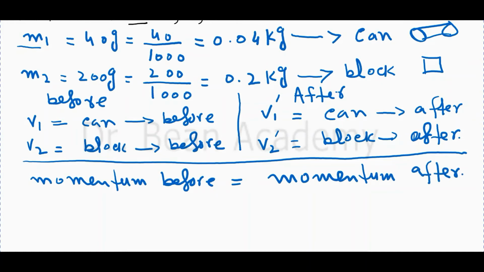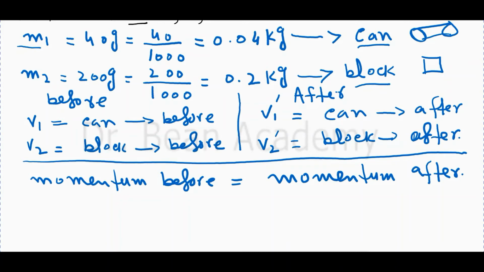This event can be anything. In our case, it is the explosion of the can. So the momentum before is the momentum of the total system, or the sum of the momenta of all the individual components. In our system there are two components, one is the can and the other is the block. So we will write the momentum of the can and the block.